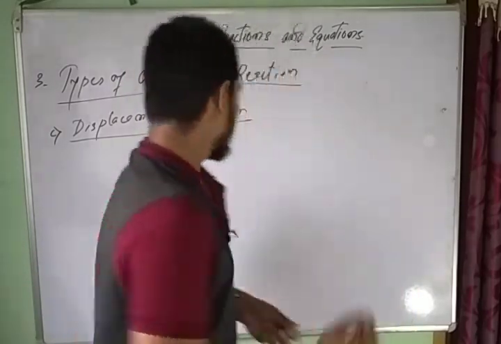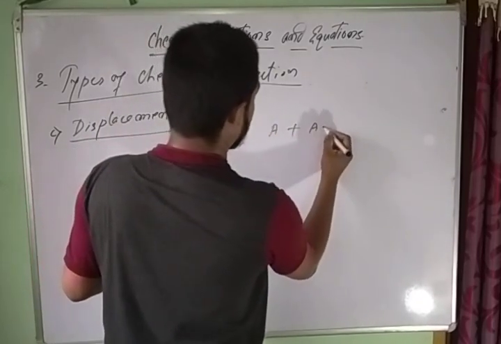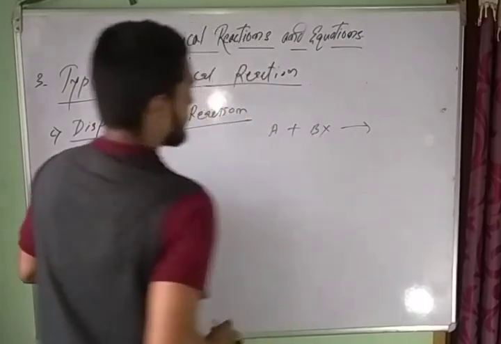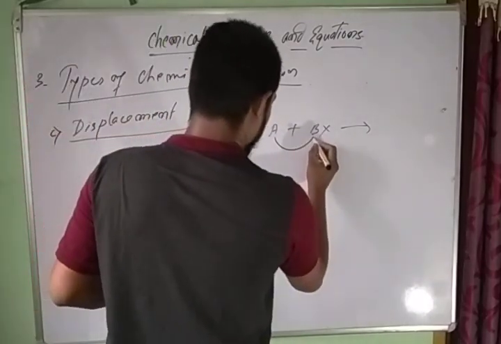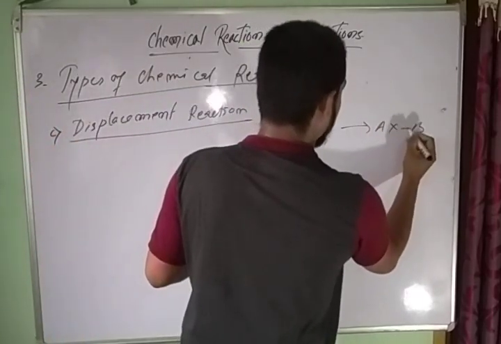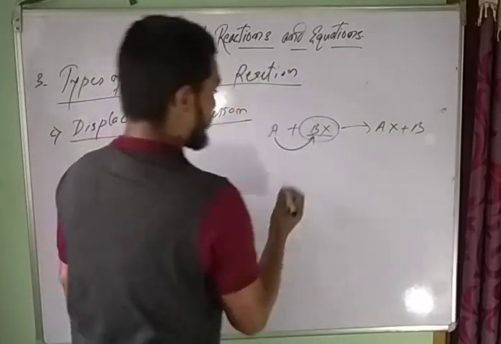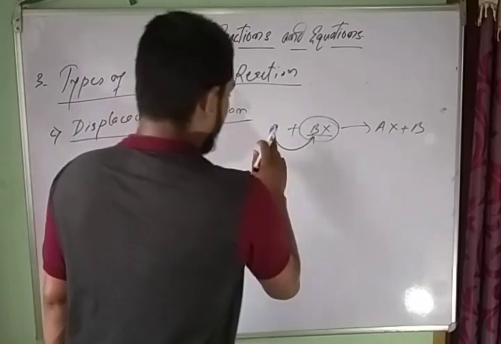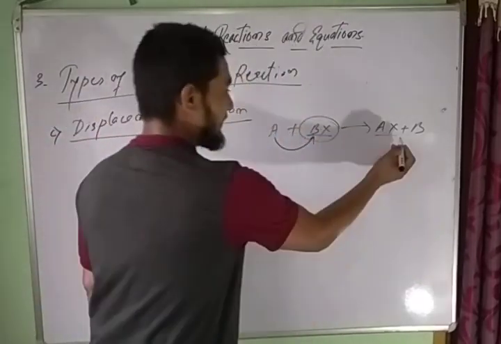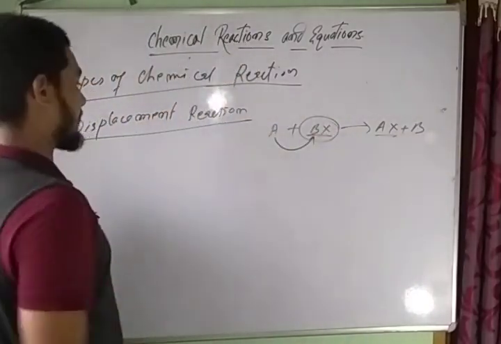For example, A plus BX. Here A will replace this B and will form AX plus B. A replaces B from its compound. This BX is the compound of B, and A replaces this B from its compound and forms AX. This is the new chemical substance. Displaces B. This type of chemical reactions are called displacement reaction.